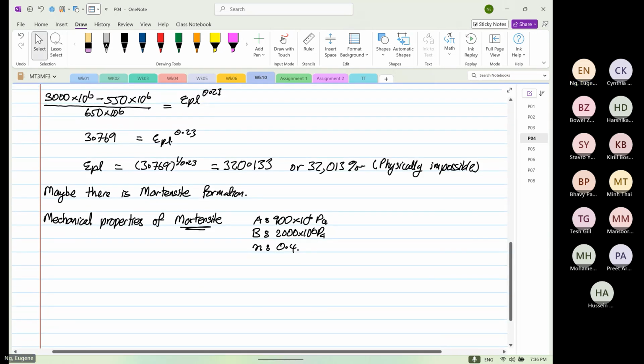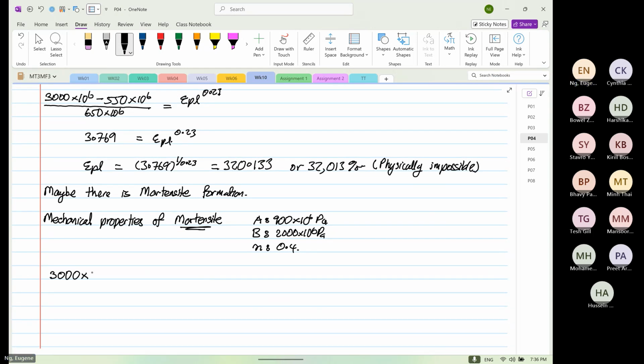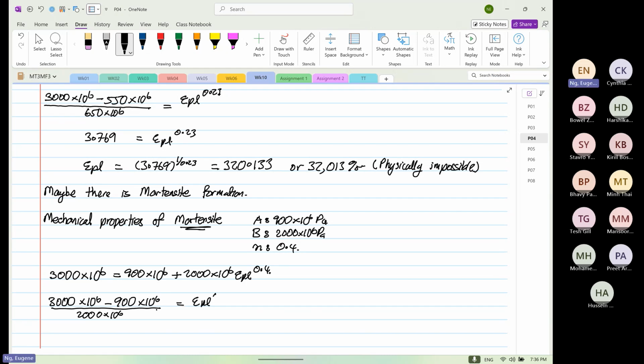So you have, again, the same formula: 3,000 times 10 to the power 6 is equal to 900 times 10 to the power 6 plus 2,000 times 10 to the power 6 epsilon PL to the 0.4. So 3,000 times 10 to the power 6 minus 900 times 10 to the power 6, divided by 2,000 times 10 to the power 6, equals epsilon PL to the power of 0.4.